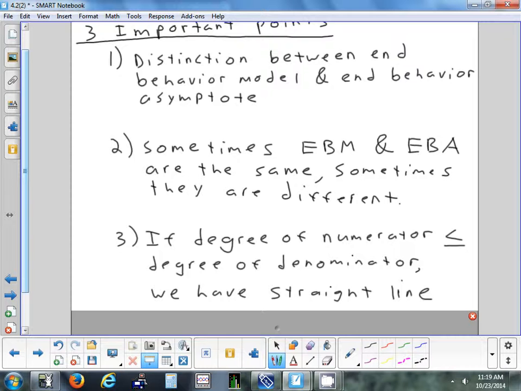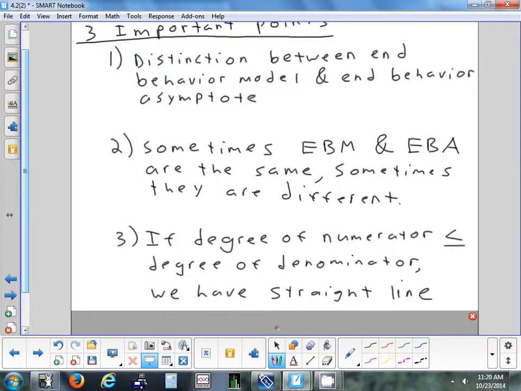We touched on this idea yesterday about when you get certain kinds of asymptotes. So number 3 summarizes the types of problems we had yesterday. If the degree of the numerator is less than or equal to the degree of the denominator, that's when your asymptotes are straight lines: horizontal lines, vertical lines, even lines on a diagonal.